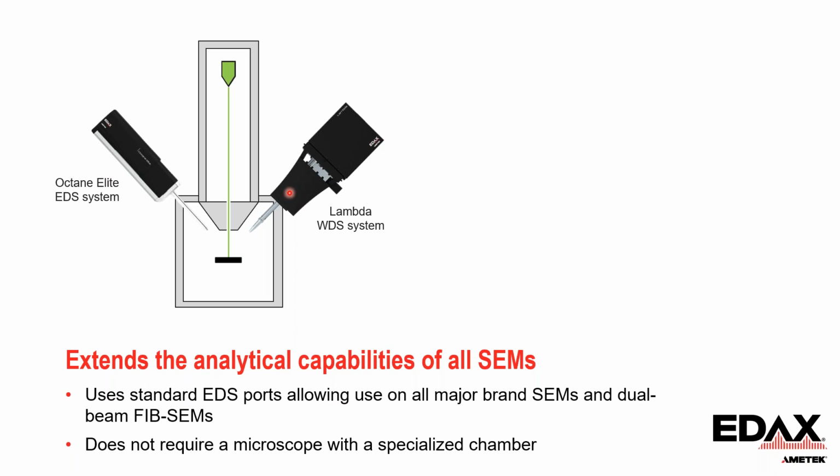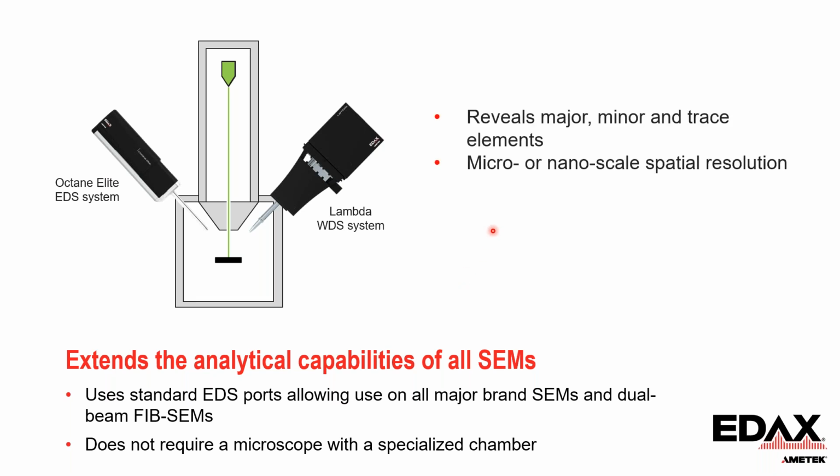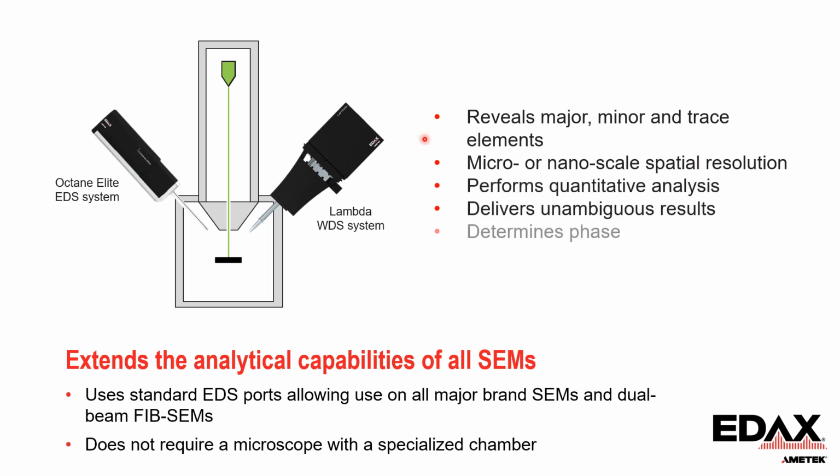So they fit on almost all major brand SEMs and the dual beam FIBs. They do not require a microscope with a specialized chamber. Those are the highlights of this integrated system.